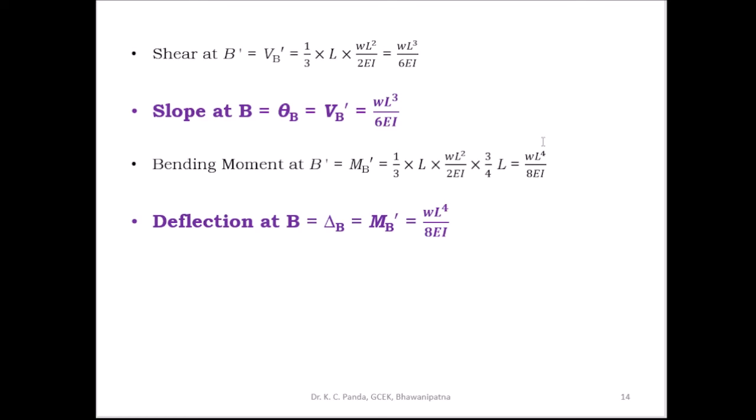This is the bending moment at B dash, which is equal to the deflection at B of the original beam. The deflection at B, delta B, is equal to MB dash, which is WL fourth by 8EI.